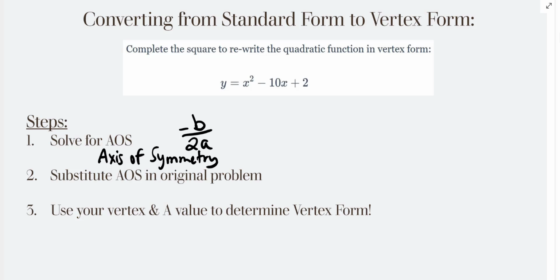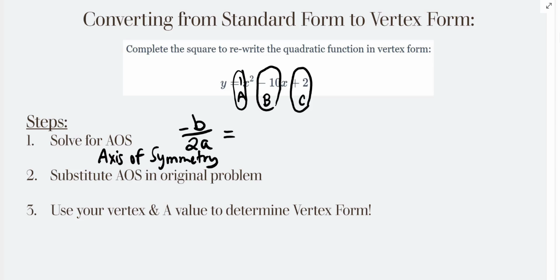Please use parentheses. So the first thing we're going to do is identify A, B, and C. So A is the term that's right here with the x squared term, that'd be 1. B is always with the x term. And C is always the number that's alone that does not have a variable. Now we're going to use those values.